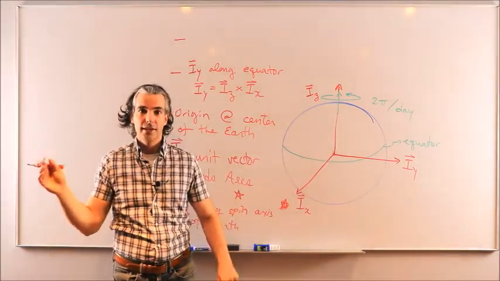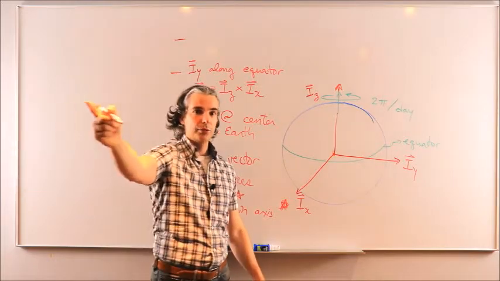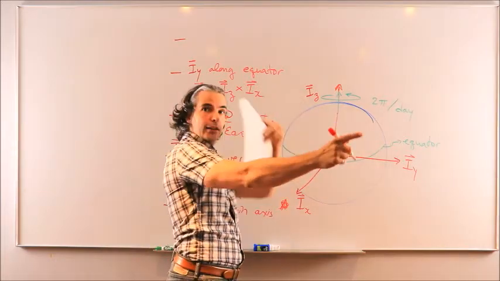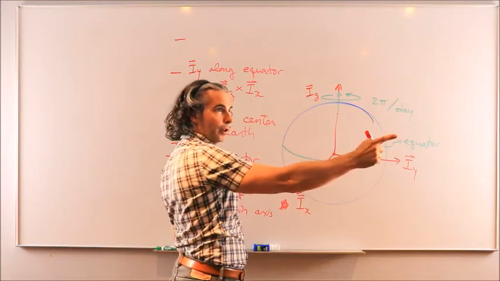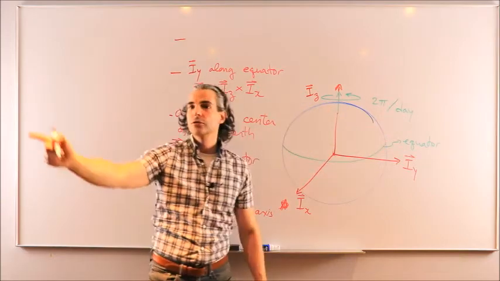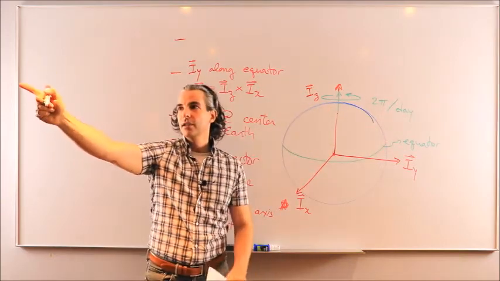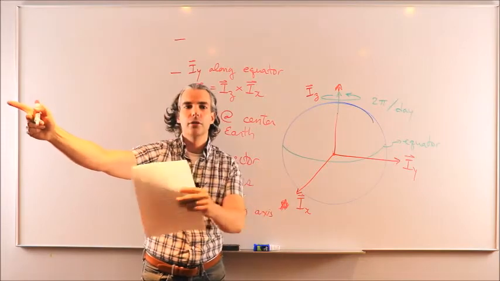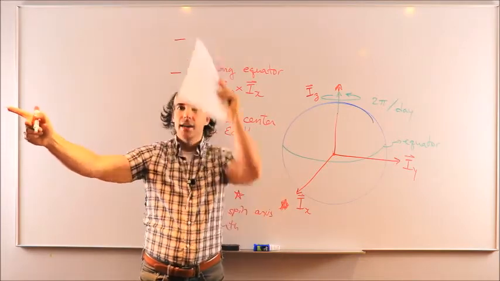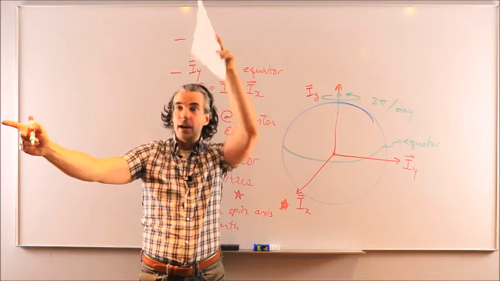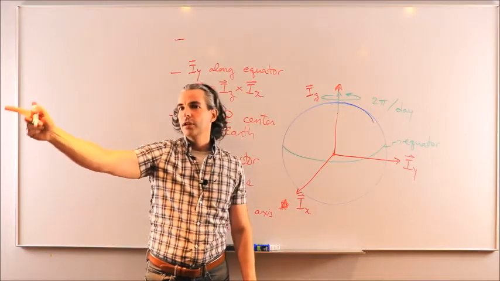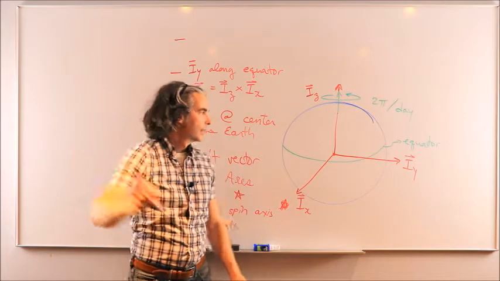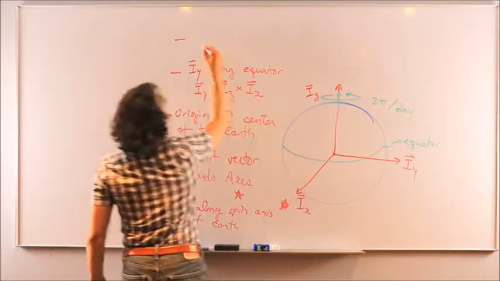Otherwise, as the Earth would rotate, Ix would rotate with it and lose sight of the star it's supposed to be pointing to. So if I'm the reference frame and I'm pointing at a star, regardless of the rotation of the Earth about Iz, which is up through my head, Ix is always pointing in the same spot, okay?